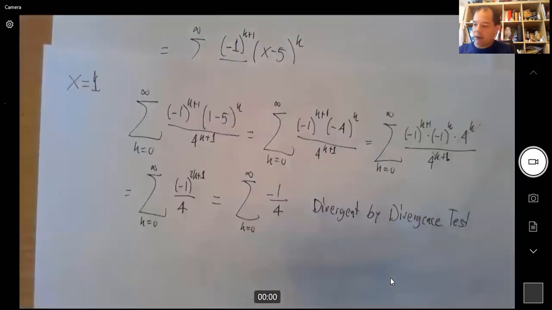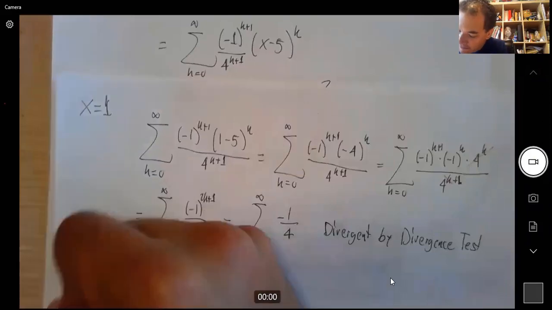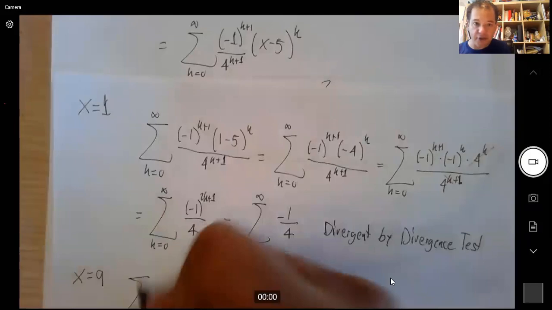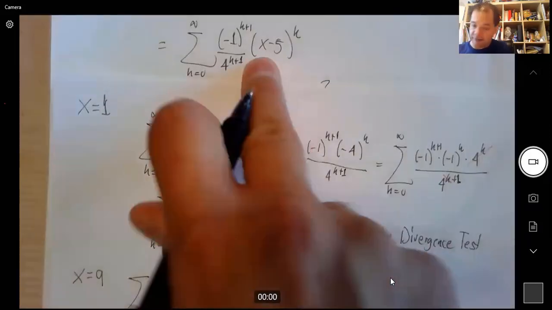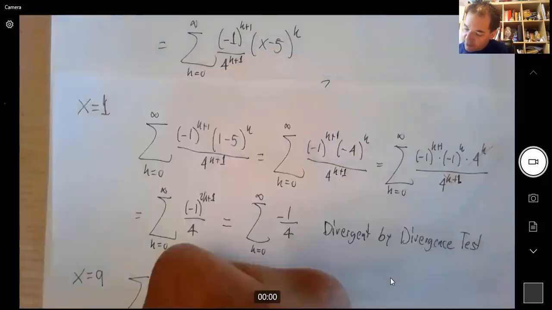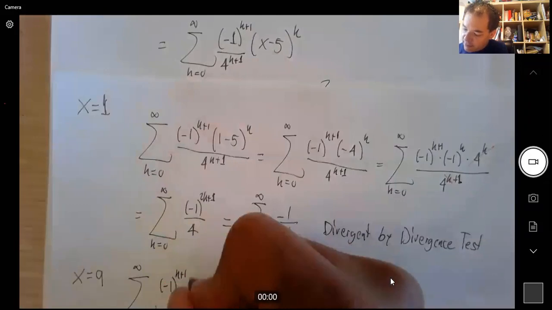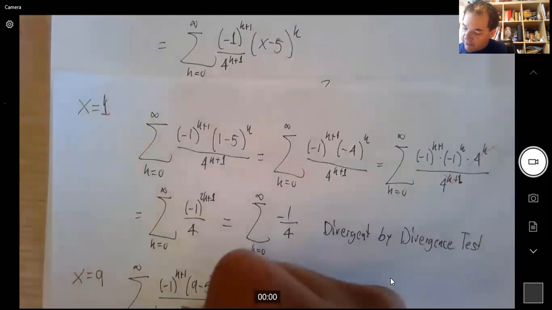All right. Questions? Let's take a look at the other one. When x is 9, here's the expression in case you've forgotten, right? We just gotta plug 9 instead of x. So the sum from 0 to infinity, negative 1 to the k plus 1, and this will be 9 minus 5 to the power k over 4 to the k plus 1.